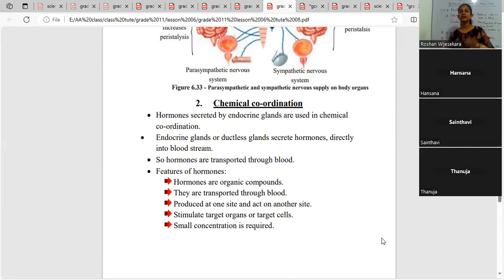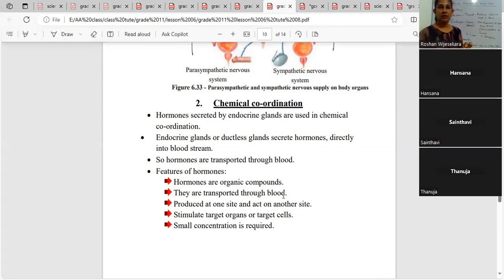For all these past O-level past paper questions, answers are there in my notes. If you study this short note well, you can answer well. All answers are there. Those are the features of hormones. Now you can correct your answers.